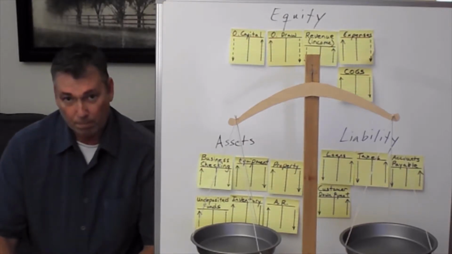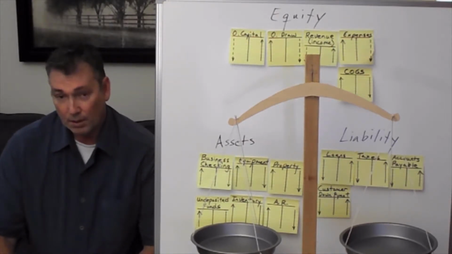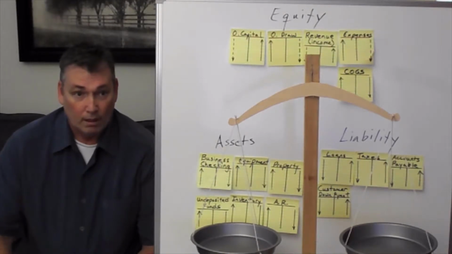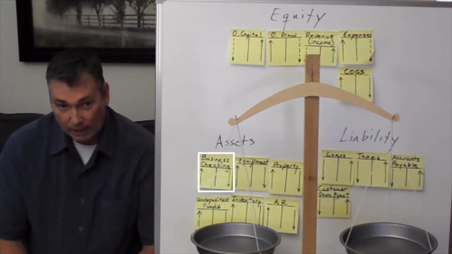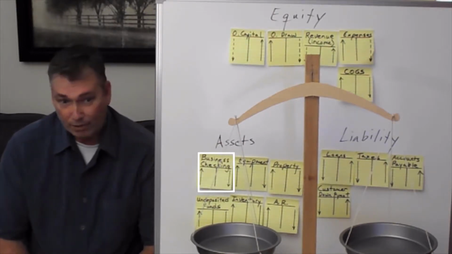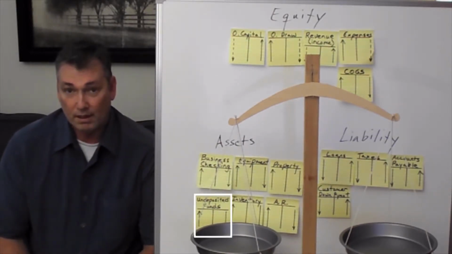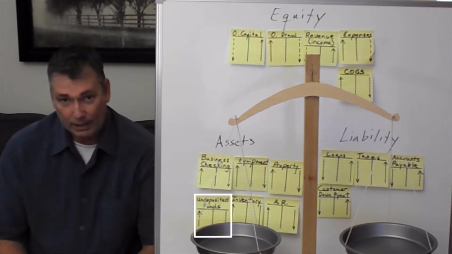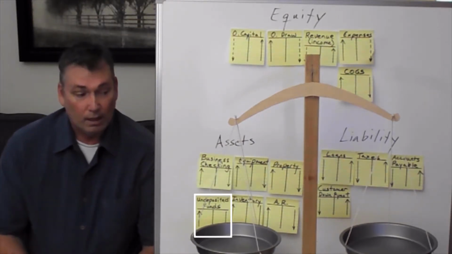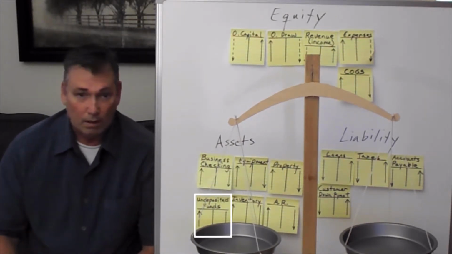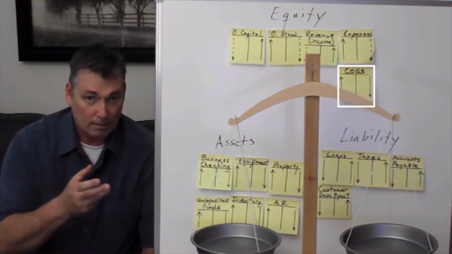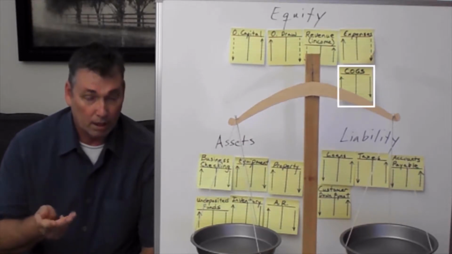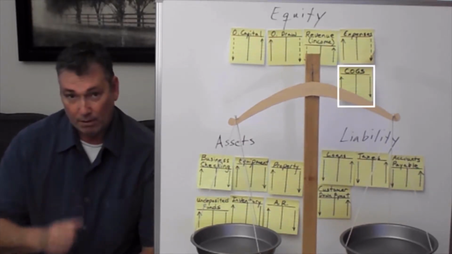If you're a sole proprietor, construction contractor, notice we replaced a cash account with a business checking account, as a primary source of cash flow, and also a T account called undeposited funds will prove to be a handy T account in the assets section. In equity, we've added something called COGS, which is cost of goods sold, which is an expense account.